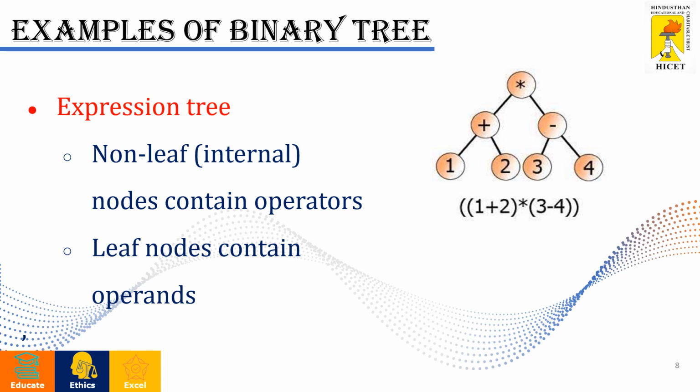So 1, 2, 3 and 4 are operands, and plus, multiplication and subtraction are operators. All three operators are represented in non-leaf or inner nodes, and 1, 2, 3 and 4 are represented in the leaf nodes.